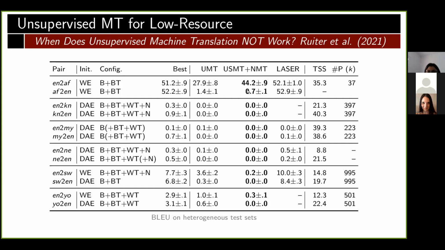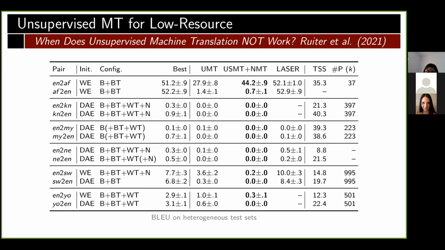So we get a translation quality measured by BLEU of 0 for 5 languages, and then very good translation quality for English-Afrikaans. The reason is not clear. We will talk about it a bit later, but for English-Afrikaans, the data set was a bit larger.